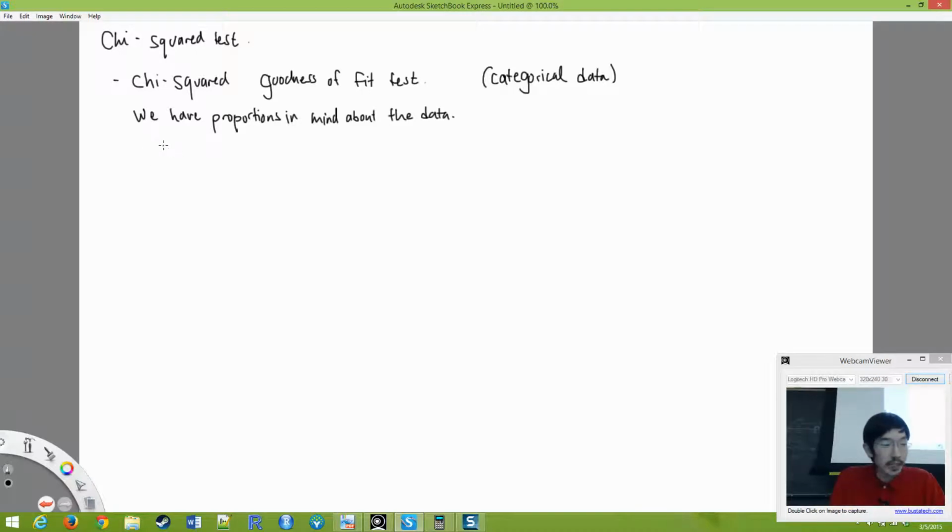You've got proportions in mind about the data, and we have data, and we want to see how well the proportions we have in mind fit the data. We ask, how good is the fit between these proportions and the data?